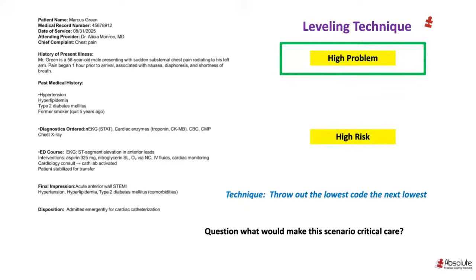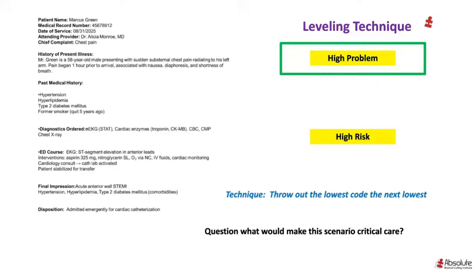And a couple of my teammates said, hey, I think this should be critical care. Yeah, we think it's severe enough, like, hey, this is an acute myocardial infarction. This should be critical care. However, in medical coding for evaluation and management, critical care requires time being documented. There's no critical care time documented.